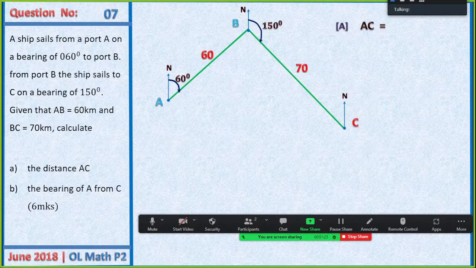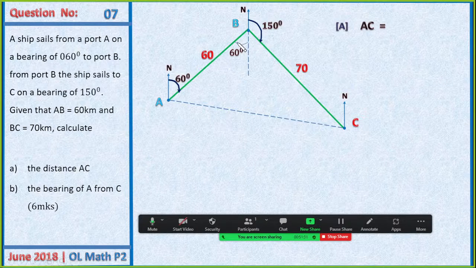Okay, so our AC is this line AC. Now if you look at this angle here, it is 60, because this is a Z line, a transversal of two parallel lines. This north line is parallel to this other north line, so this angle must be equal to this angle.